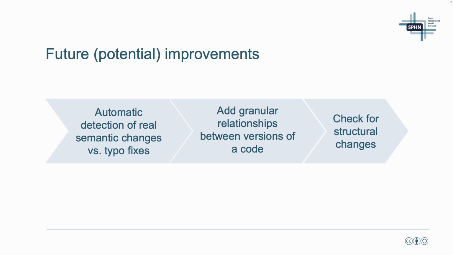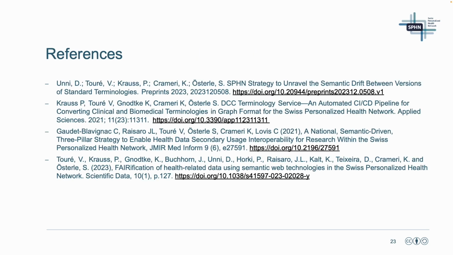Another step would be to add more granular relationships between versions of a code, so having these narrower or broader statements to state that a code became narrower or a code became broader. But we could also check for structural changes in case a code moved in the hierarchy of the terminology. We could also highlight these changes.